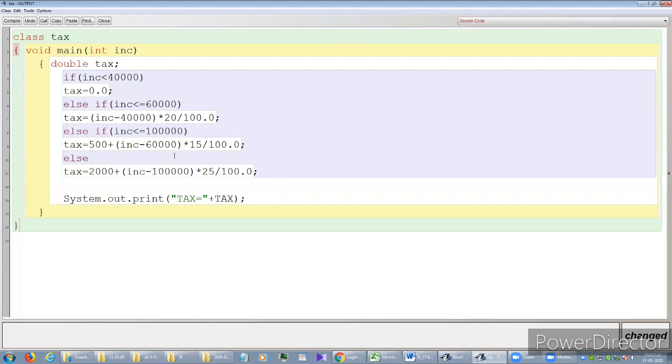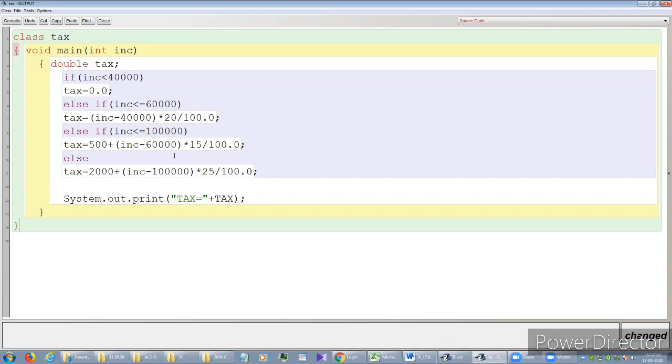If income is given as 50,000, we enter the second slab, and 50,000 minus 40,000 is 10,000, and you calculate 20% on the basis of this, and this is your tax.